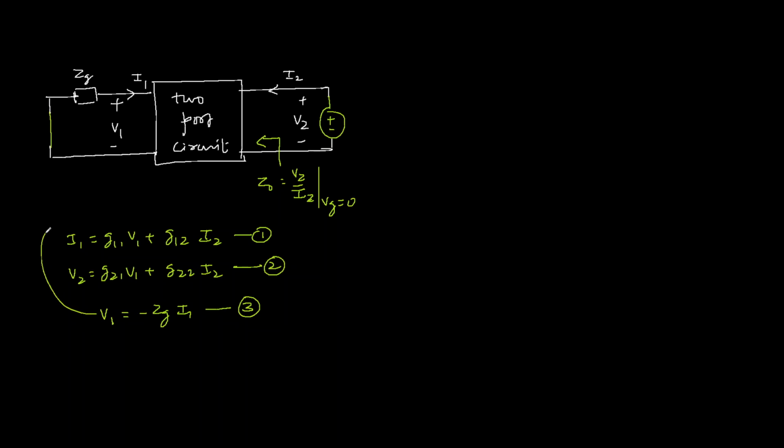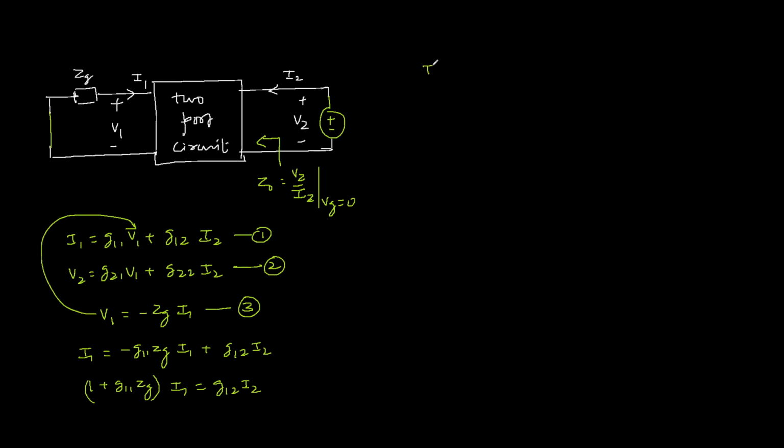So replacing V1 from 3 into 1, I1 is negative G11 ZG I1 plus G12 I2. So now 1 plus G11 ZG into I1 is G12 I2.